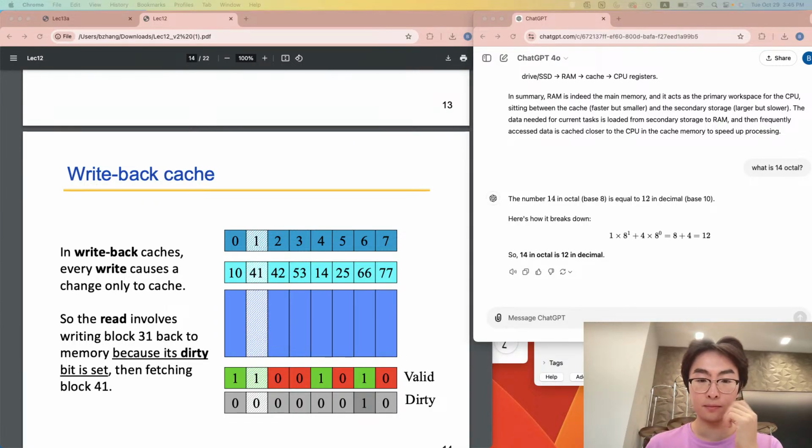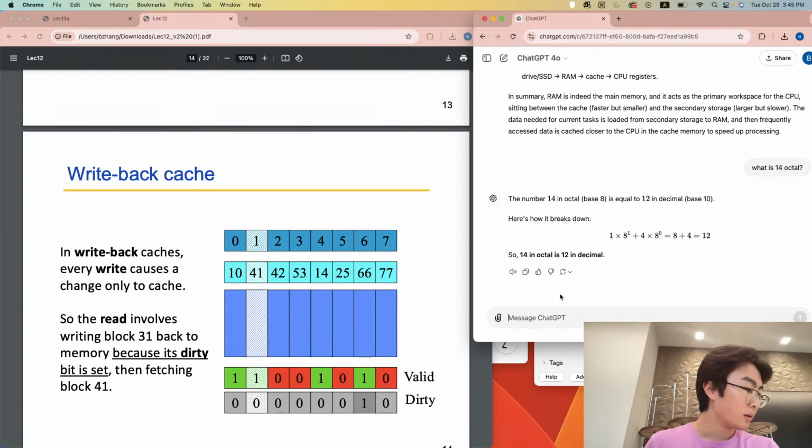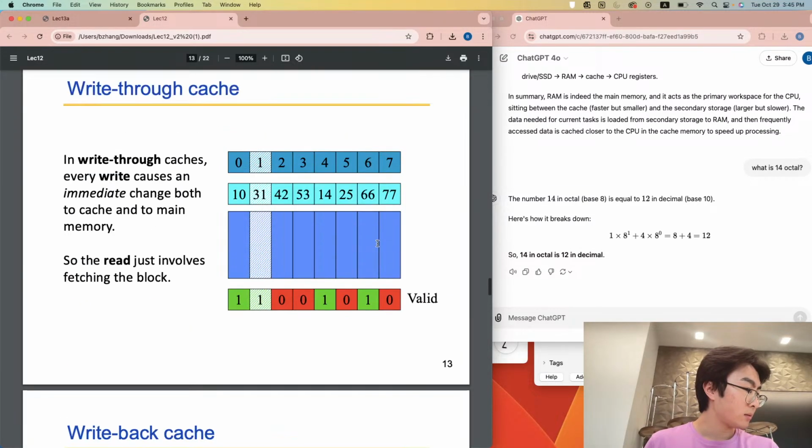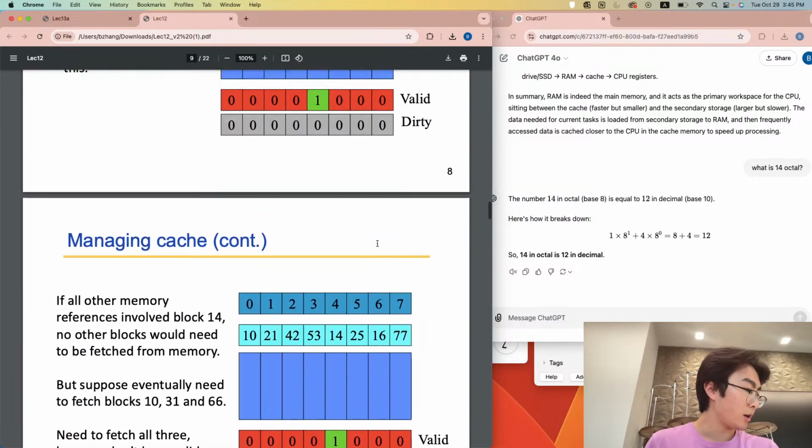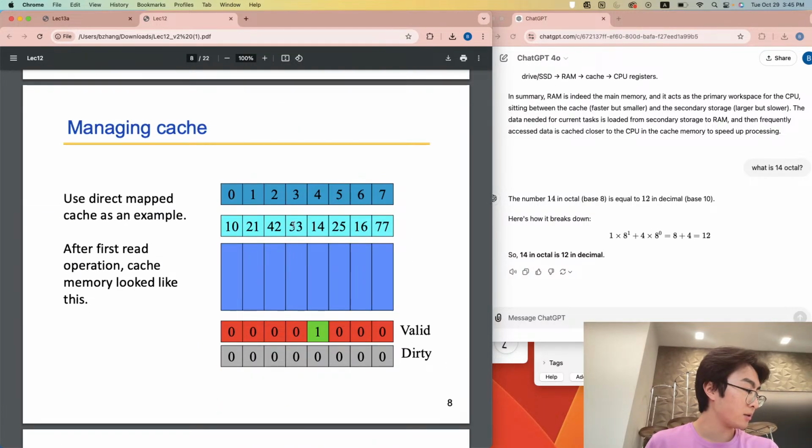Hmm. Okay, let's see. So this is a direct map cache as an example.